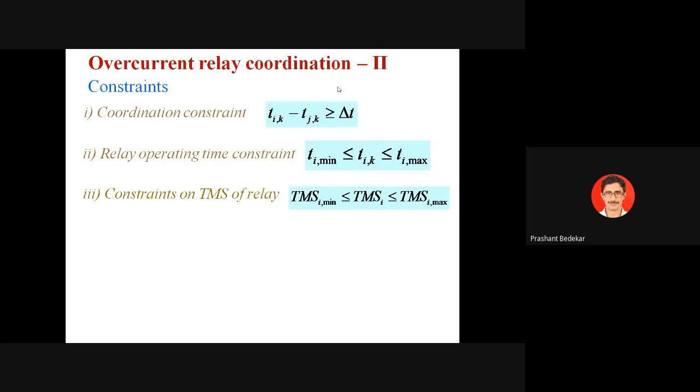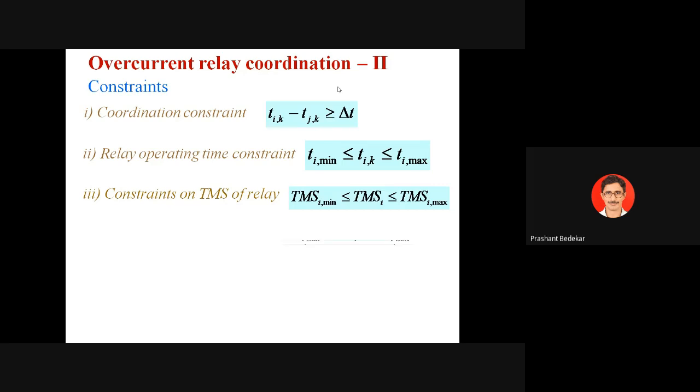I can find the optimum value of not only the time multiplier setting, but also the optimum values of plug setting. In that case, the TMS constraint and the operating time constraint cannot be combined together, so they have to be kept separate.